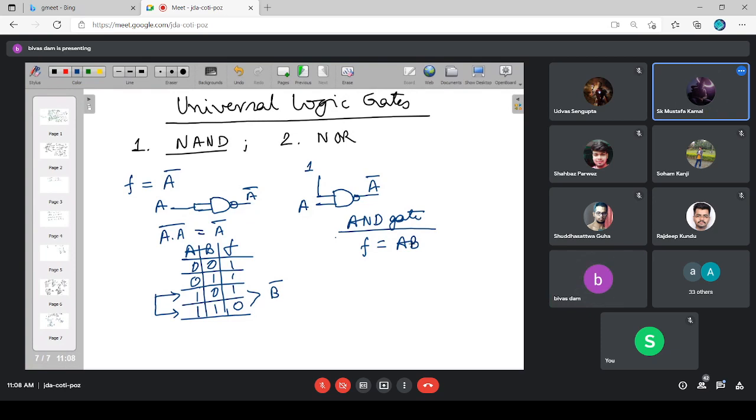Yeah. That's the AND gate. Okay. Any doubt?